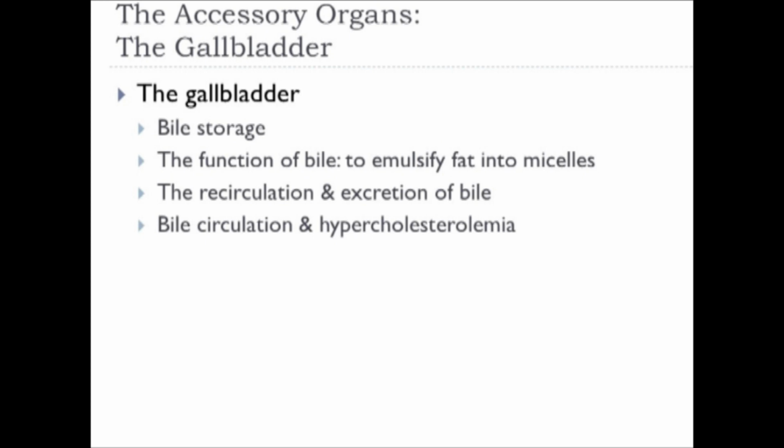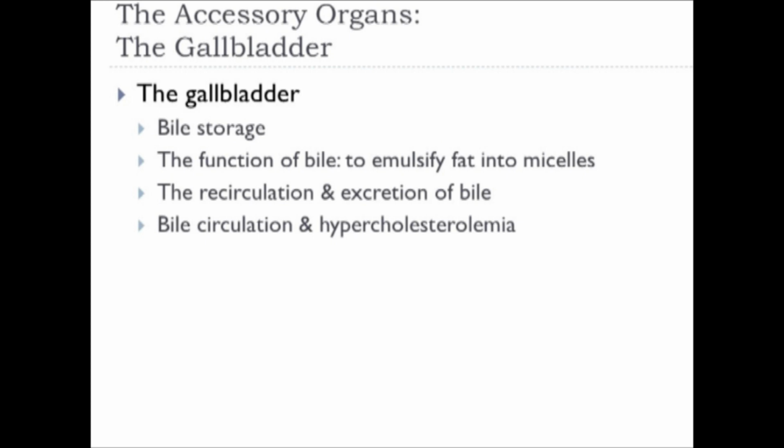So this is how we can summarize the gallbladder. It's made for the storage of bile. It functions to emulsify fat into micelles, smaller little droplets of fat, and that allows for a much better digestion by the lipase enzyme.